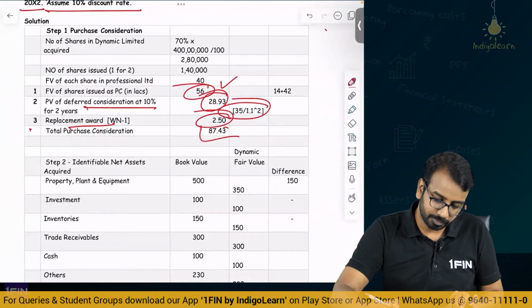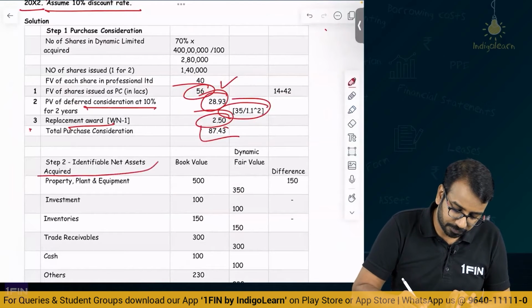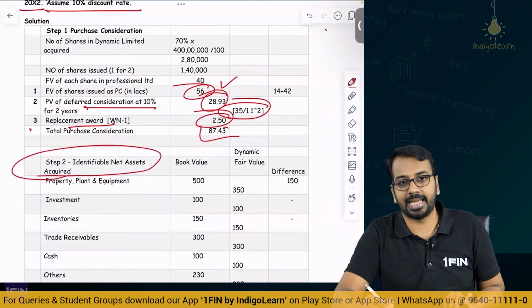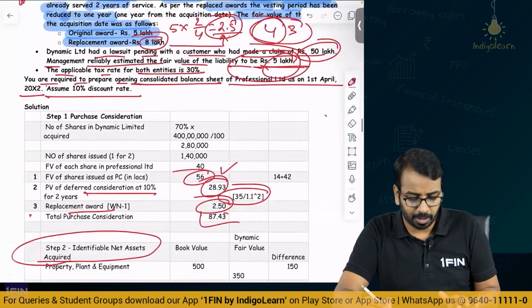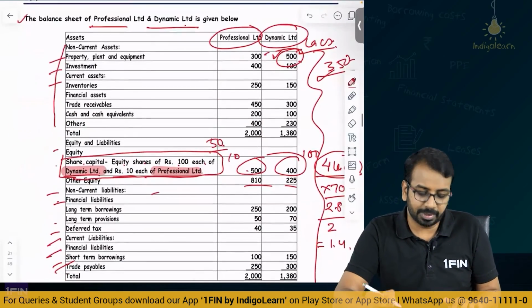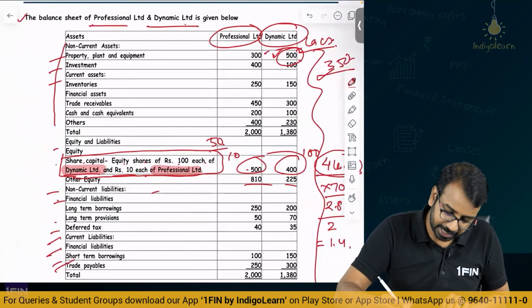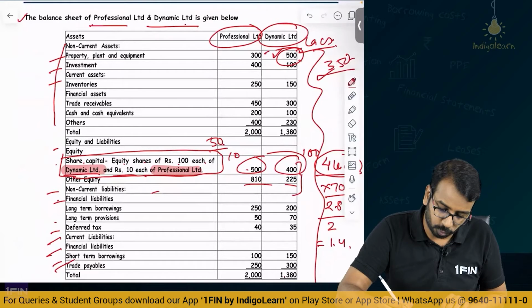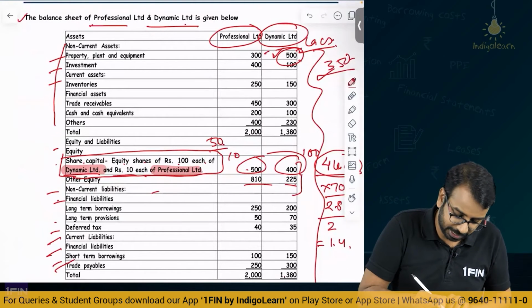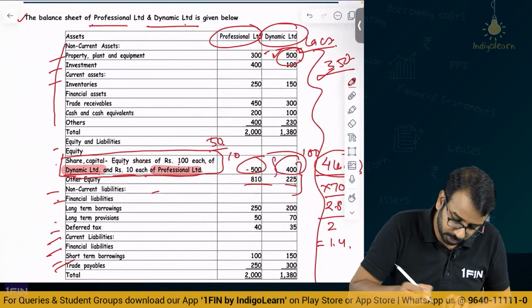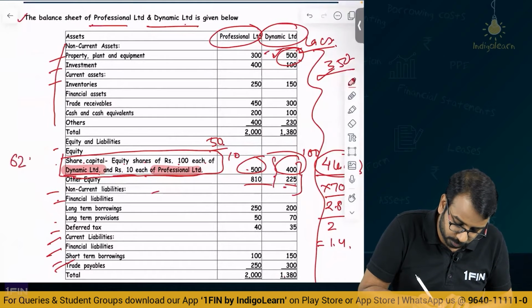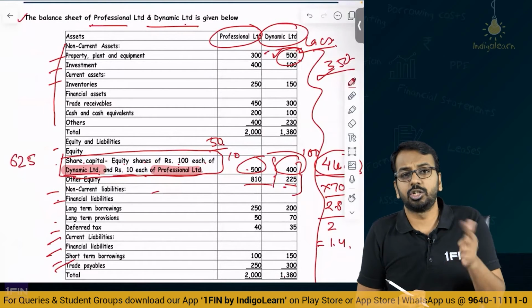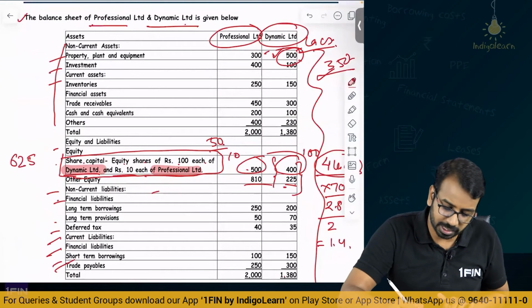Then the next thing is, what is the fair value of identifiable net assets? Now there are two ways to do this. One, you take Dynamic Limited and figure out their net assets in terms of share capital and other equity. That is 400 plus 225, which gives 625. To this, do the fair value adjustment. What is the fair value adjustment?